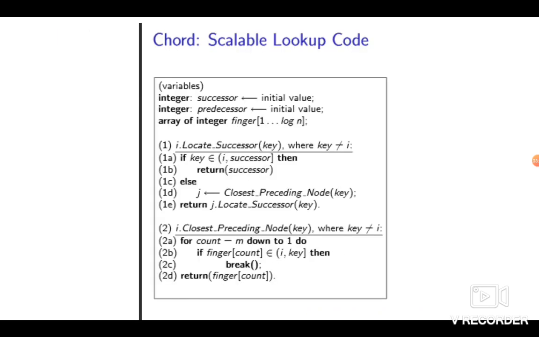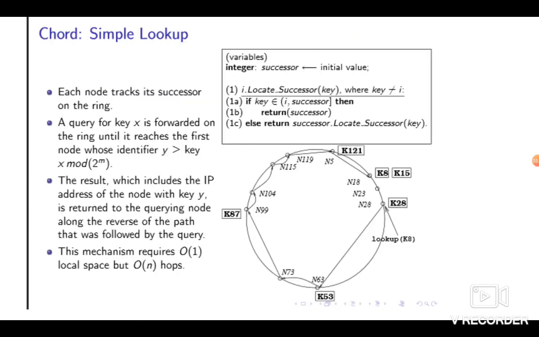We have two procedures in Chord. One is simple lookup and the other is scalable lookup. In simple lookup, each node tracks its successor on the ring. Initially, the query for the key X is forwarded on the ring.